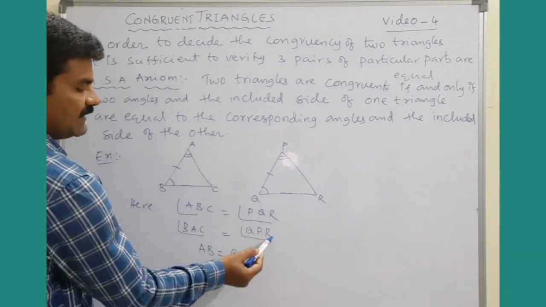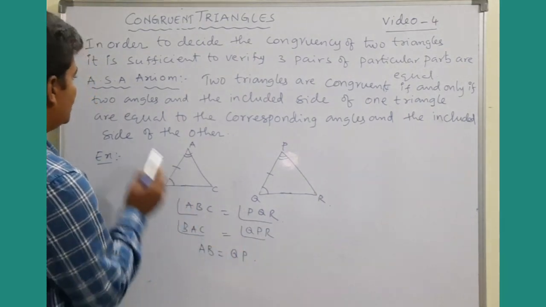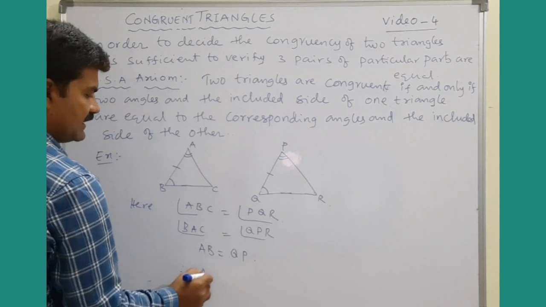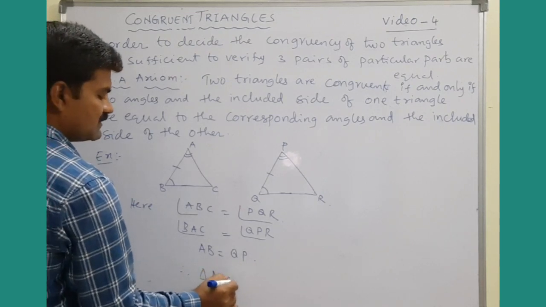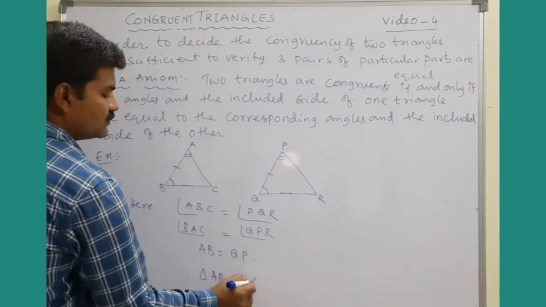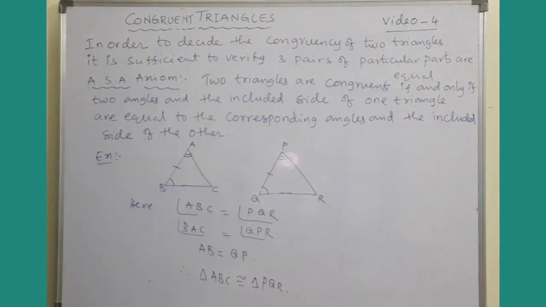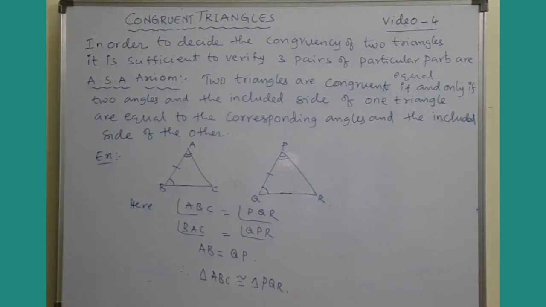Angle, angle and included side, that's why ASA. Then I can say that triangle ABC is congruent to triangle PQR. If two corresponding angles and the included side are equal, then both triangles are congruent to each other.